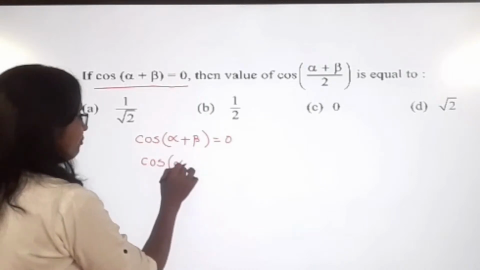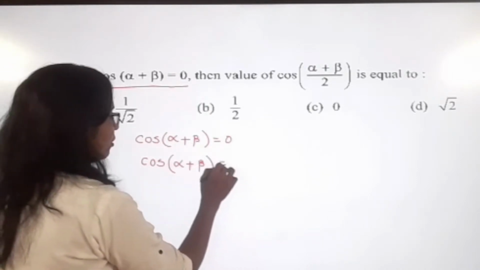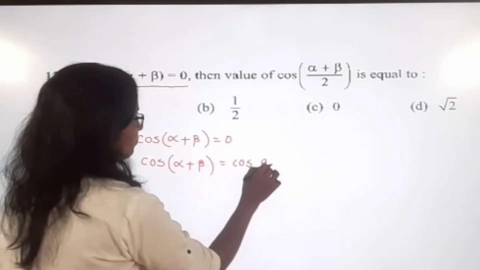So cos(alpha plus beta) is equal to cos 90.